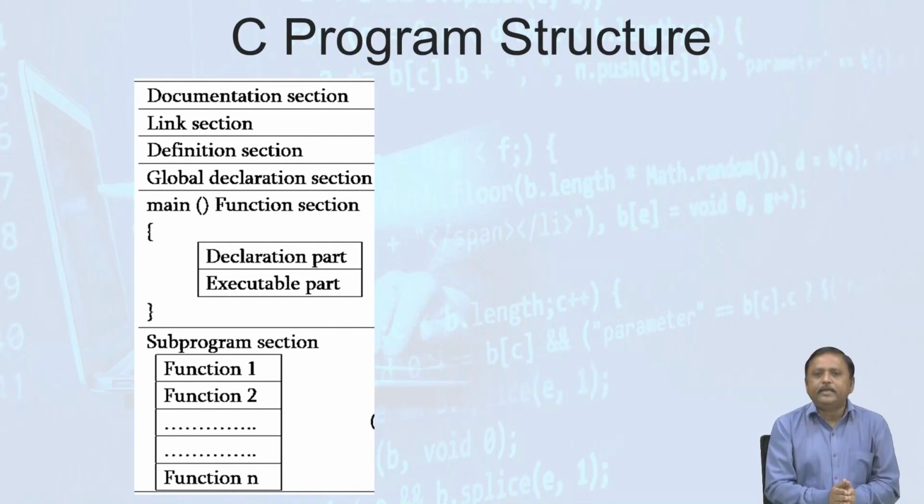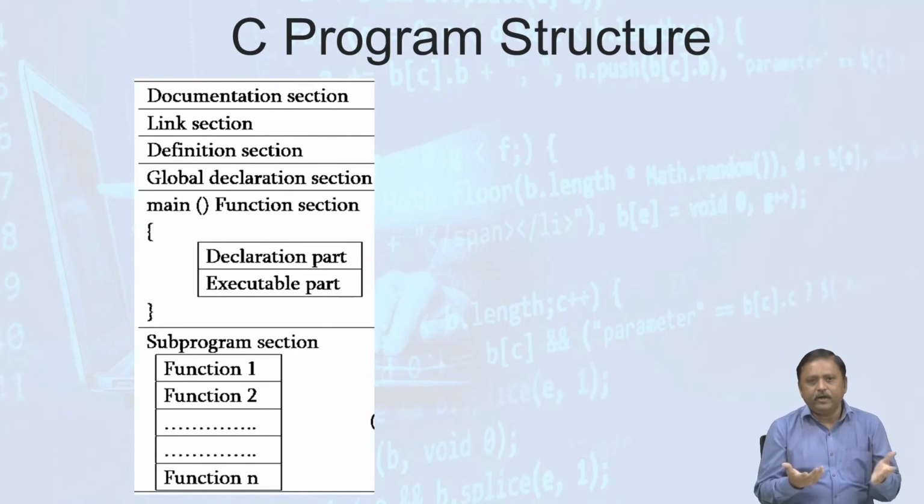Then definition section is also optional, but you can define constants like pi or Euler constant E or any other constant using definition section.